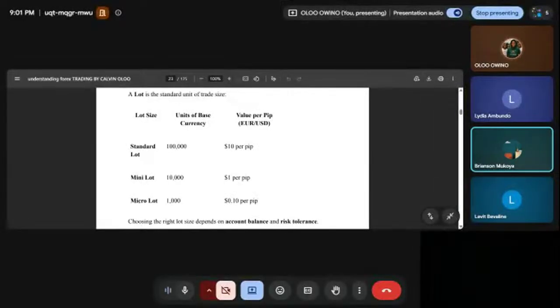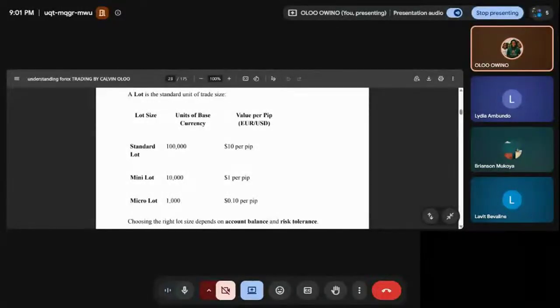Yes. A mini lot is 0.1. One pip is equal to $1. So if you're trading with 0.1, when you go against by 1 pip, you're going to lose $1. But if it goes against you by 10 pips, $10 is gone.